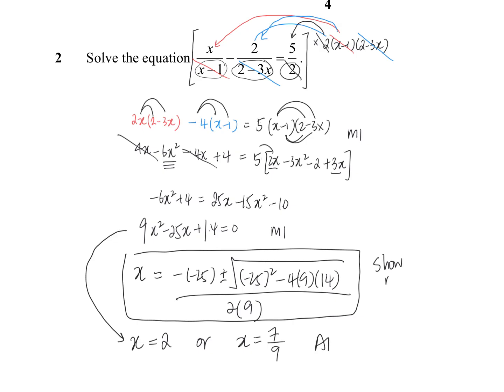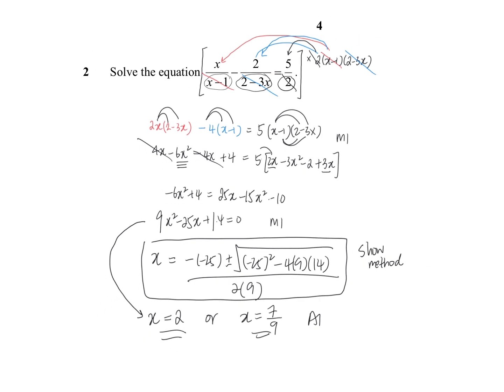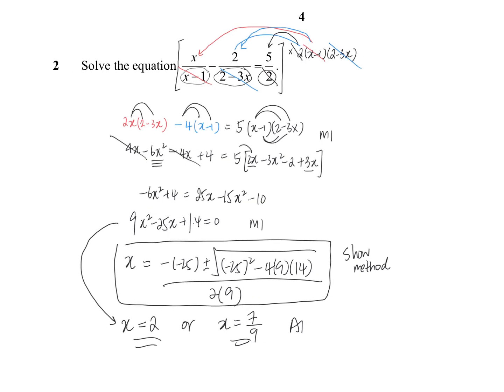So this is crucial. I have a number of you who pressed the calculator and gave me the 2 answers here. Okay, you need to show this method. So that's question 2. Question 3, some of you lost marks at part B. This is the type of question that at Sec 2, your teachers drill you a lot. So it shouldn't be completely new to you.